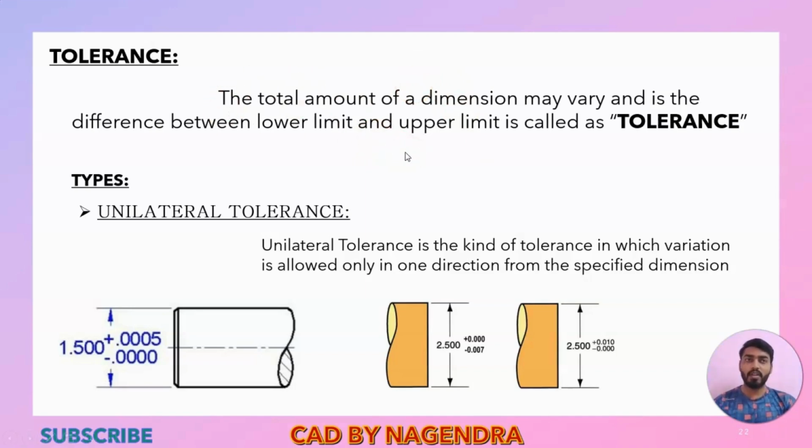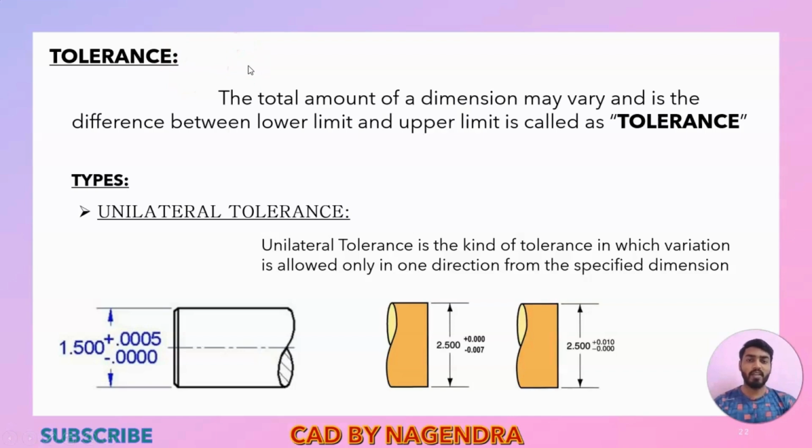From there we will mention, for example, diameter of 50 plus or minus 0.02. So plus or minus 0.02 means the original diameter is 50. If you get 49.98 or else 50.02, that part is said to be okay and it is used for further purpose. Only for this we use tolerance.